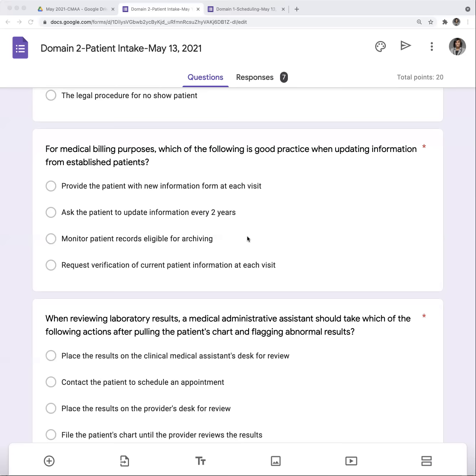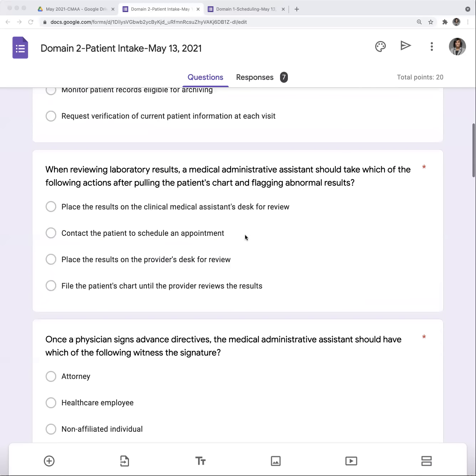Nothing has changed. When reviewing laboratory results, a MAA should take one of the following options. Place the results on a clinical... No. Place the results on the provider's desk for review.